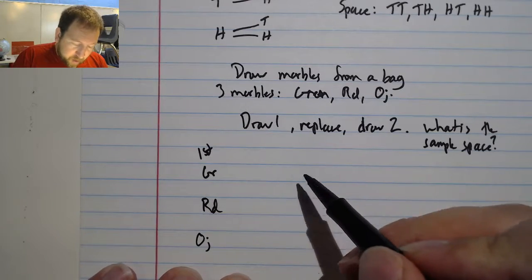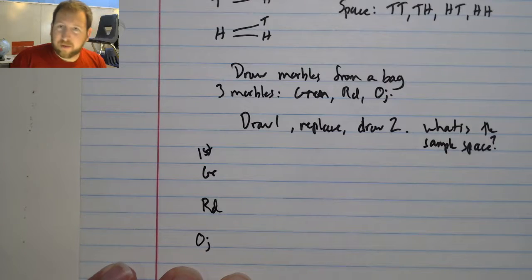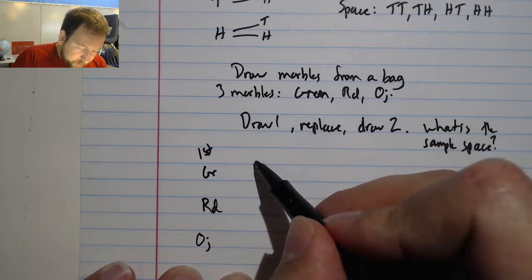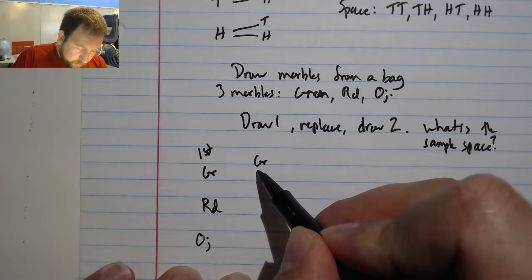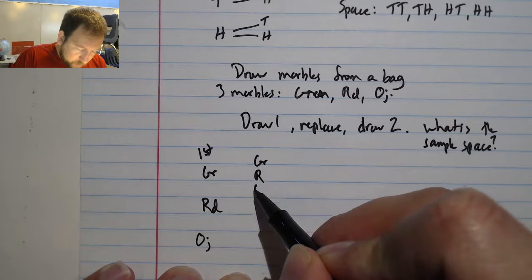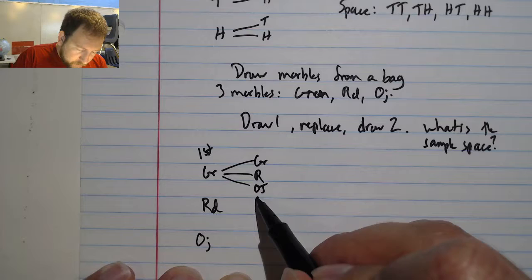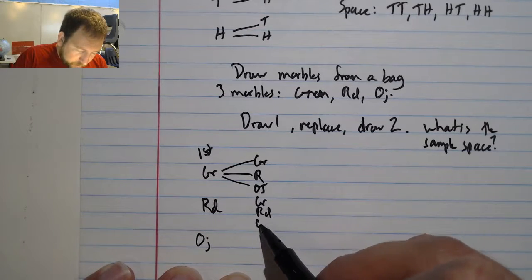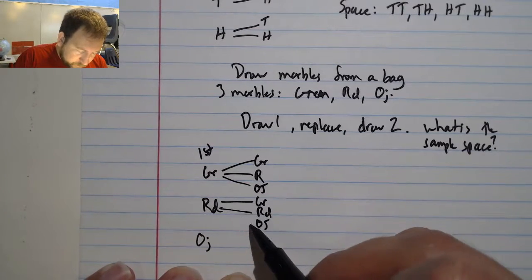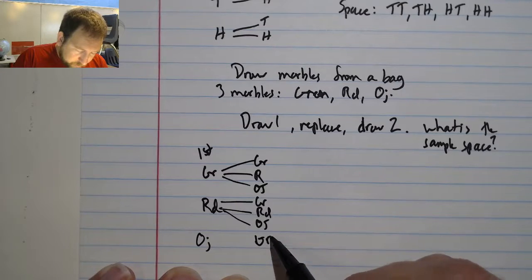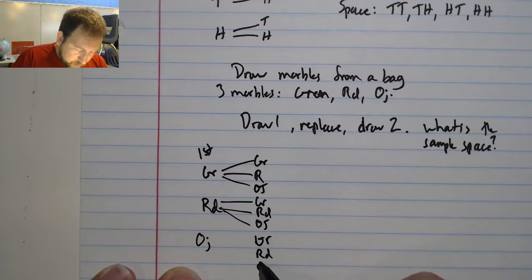My second draw, because I replaced whatever marble I got, I could get a green, red, or an orange. I could also get a green, a red, or an orange. And I could get a green, a red, and an orange.